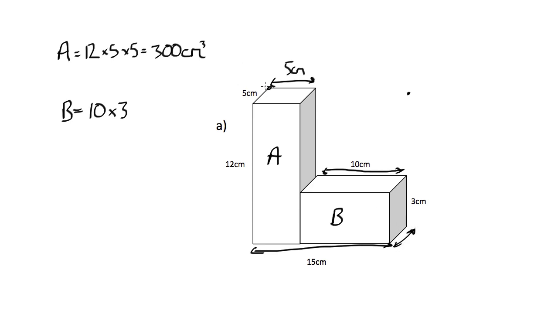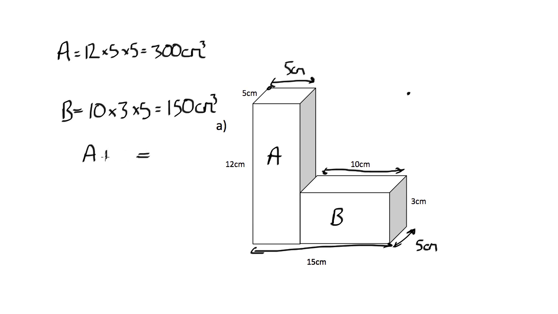If that's 5 up here, then this is going to be 5. So it's just all practice with this. You've got 10 times 3 is 30, 30 times 5 is 150 cubic centimetres. You then just add A to B together.